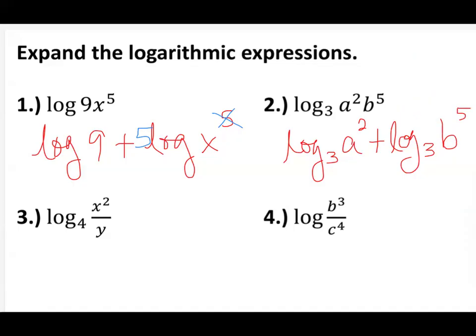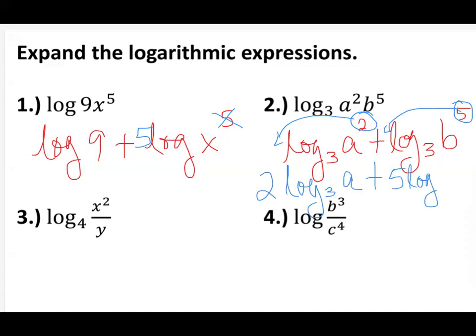We have exponents, so we've got to bring those exponents down. Use the power rule and multiply them by our logarithms, which are also exponents. So 2 log base 3 of a plus 5 log base 3 of b.